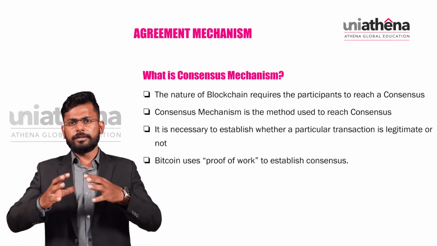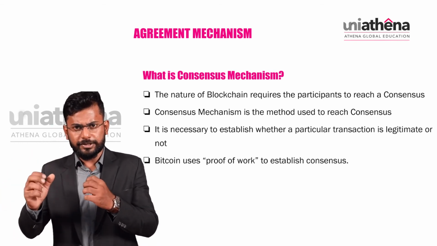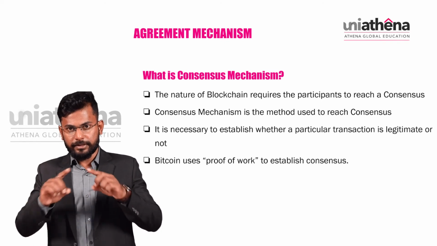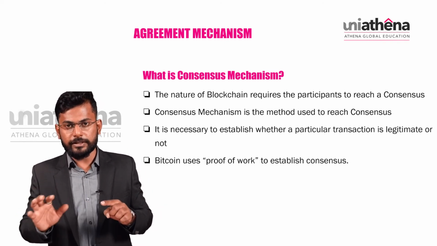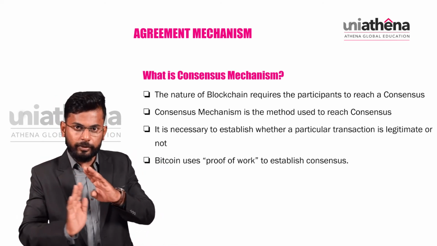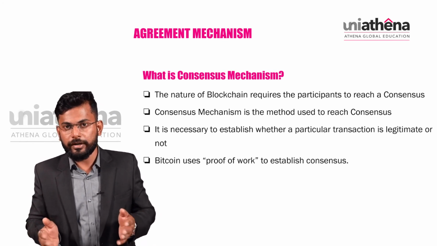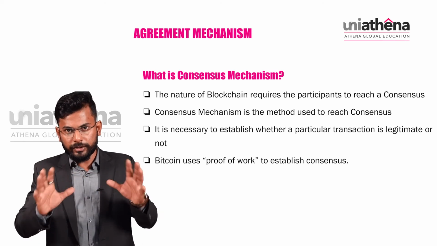If you remember, in the transaction flow, after the validation process, these valid transactions are collected by the miners. Those are the special participants, and they form the block. Whoever is able to form the block by solving the puzzle first gets to put the block into the network, and that particular block will get propagated throughout the network if it is a valid block. Correct? Because every participant would be validating that particular block for all the transaction details.